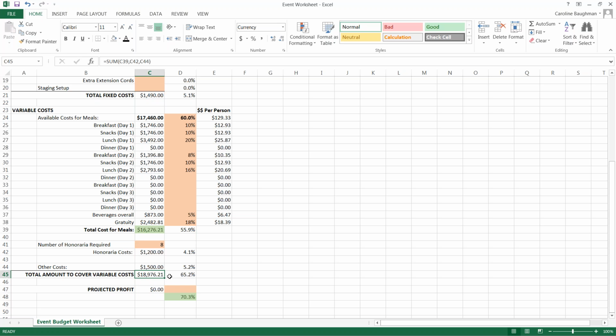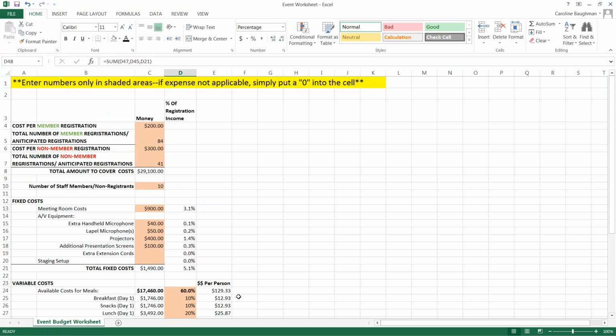Maybe we are donating to our foundation on behalf of somebody. There could be a number of different reasons to keep money on hand. So I just like to keep a little bit aside just in case. So now I can look at it and I can make 25% profit and still be under budget.